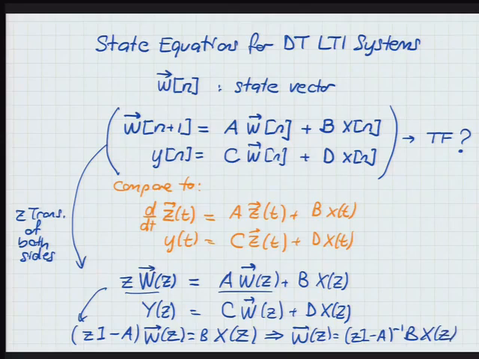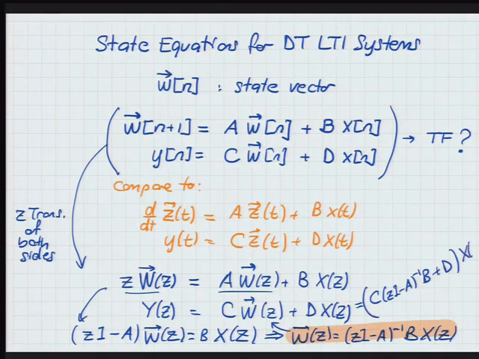And what you do is you take this expression, put it in here, and that will give you C times that times X of z, plus D times X of z, so they all get added up, times X of z. So what we are seeing here is the transfer function H of z.